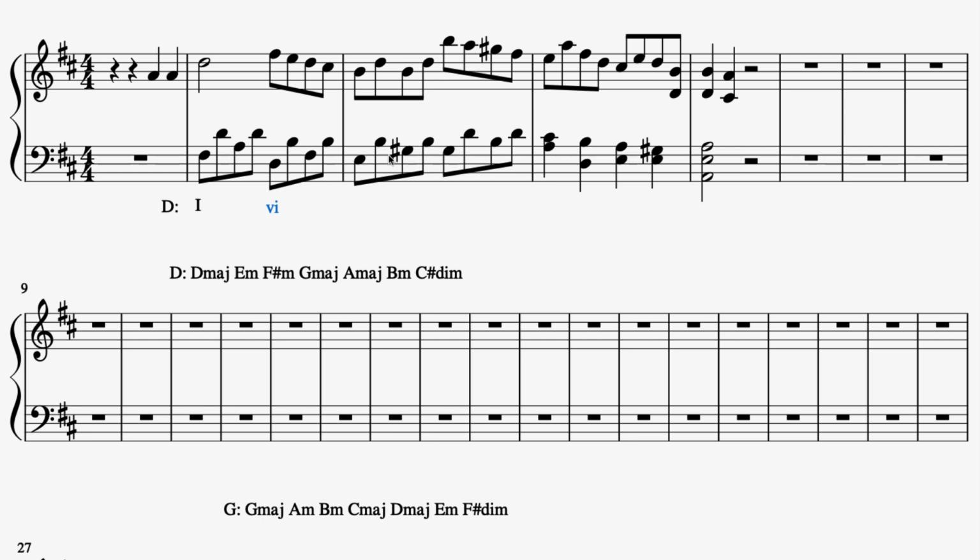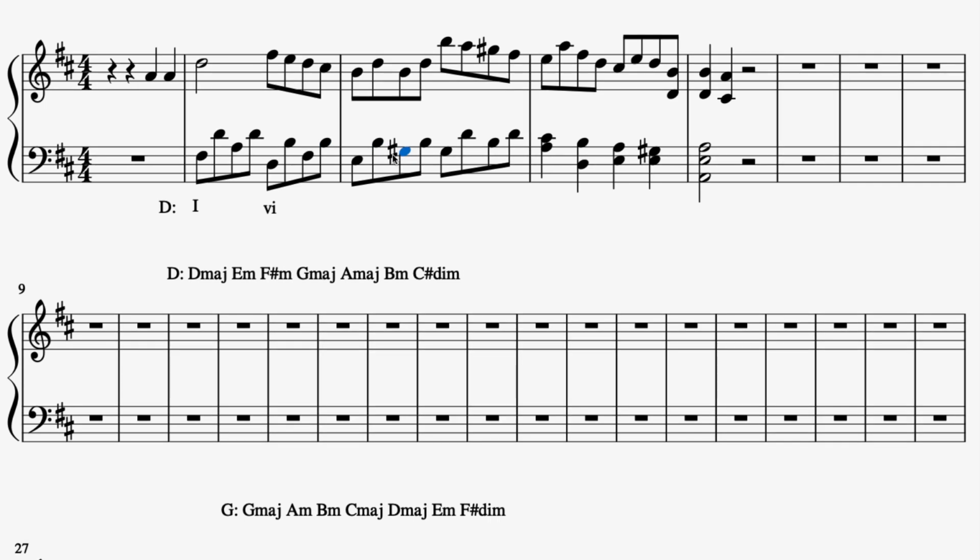So same thing, we're just looking at D major, nothing funny here. We do see this accidental here though, which tells us something strange is about to happen. So we have E, B, G sharp, that says E major. B, D, B, D. So E, B, G sharp, B is in both chords.